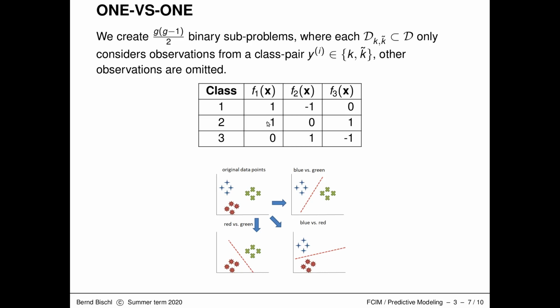If you have many classes, for example G classes, and you assume that they are roughly of equal size, then in this positive and in this negative class, only n divided by G observations would fall. So that's much less than n.